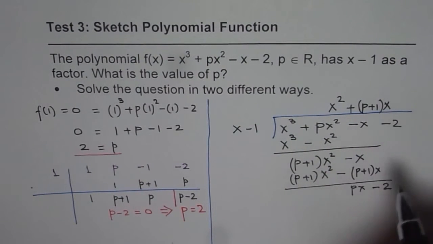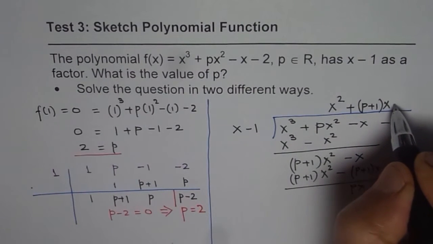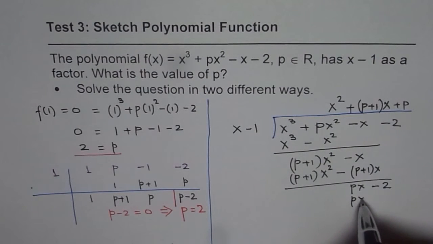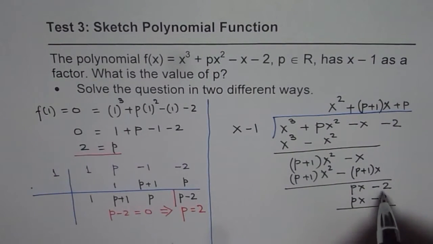Since we have to divide further, we'll divide by p, so we'll take plus p. Okay, let's continue. So we have px and minus p. When you do that, you get minus 2 plus p, correct? So that is your last step, minus 2 plus p.